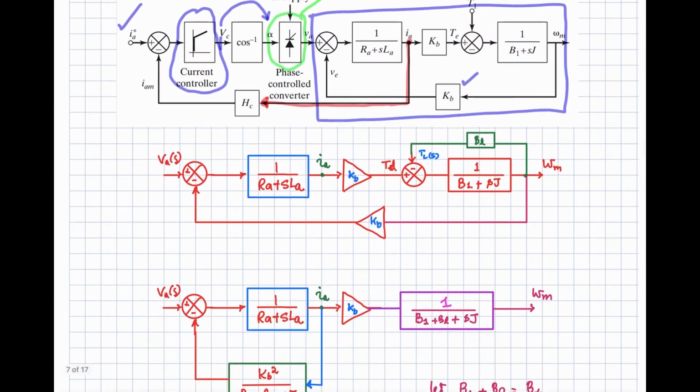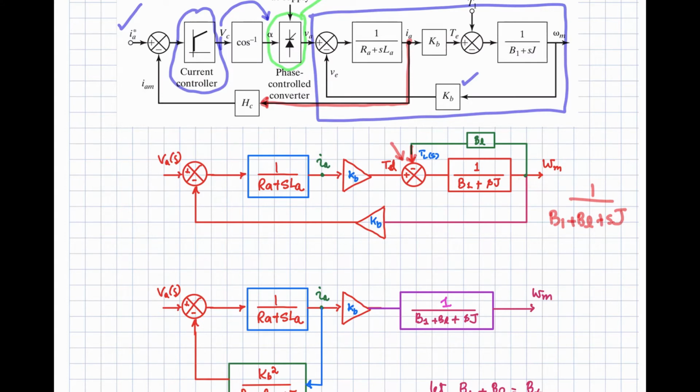So first of all, if you talk about the equivalent of this one, the equivalent of this can be written as 1 over (B1 plus BL plus sJ). It's a negative feedback loop that you can observe over here. So its equivalent is given by this transfer function.